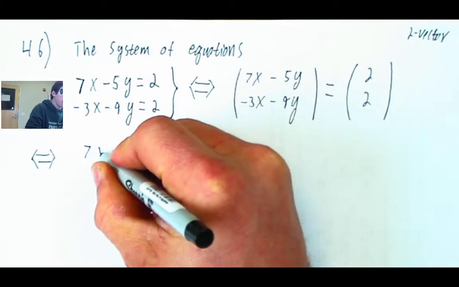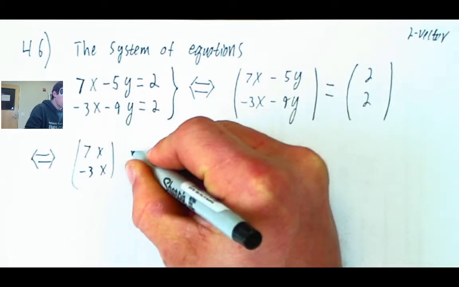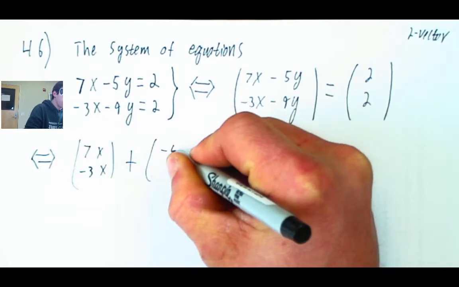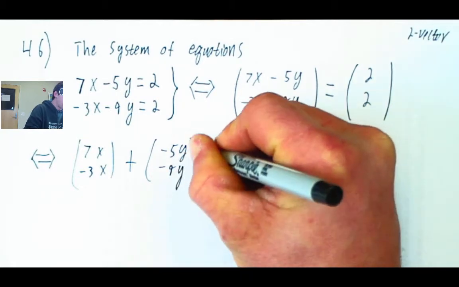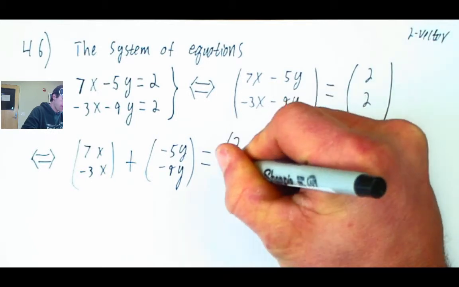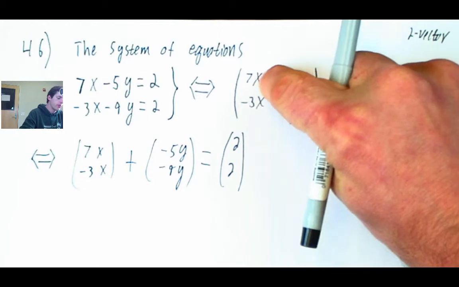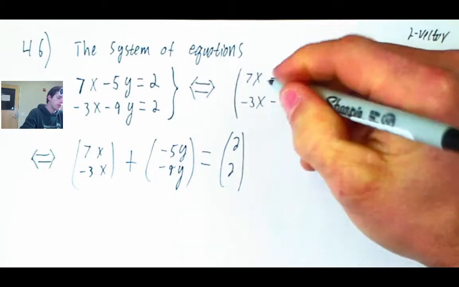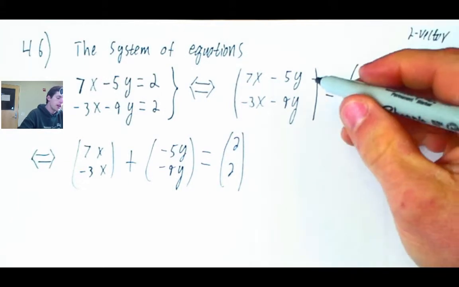I will do this: 7x, negative 3x, plus negative 5y and negative 9y is equal to 2. All right, so I just broke this 2 vector into 2 terms, the term with all the x's and the term with all the y's.